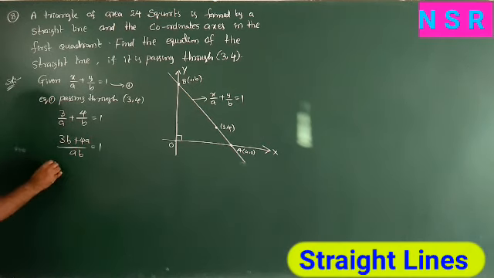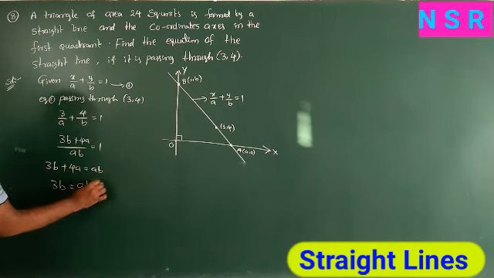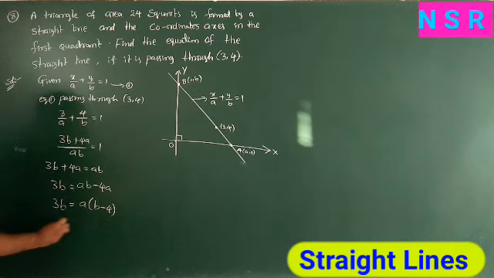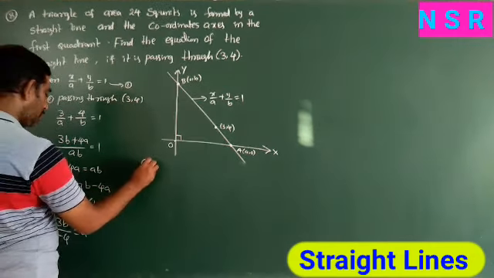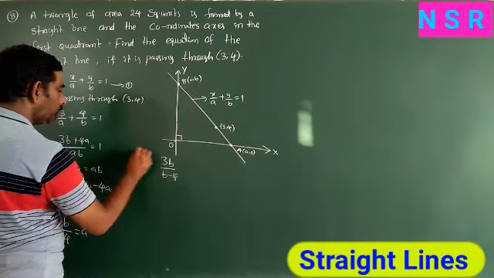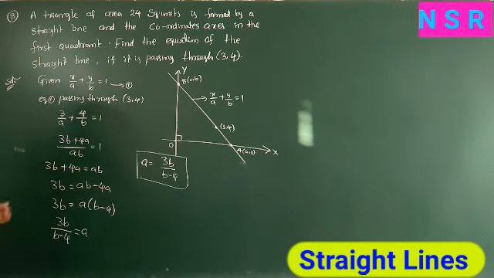So 3b plus 4a equals ab, and 3b equals ab minus 4a. Taking a common, 3b equals a into (b minus 4). Now moving b minus 4 to the other side, a equals 3b by b minus 4. Substituting the point in place of x and y and simplifying, we get the a value in terms of b.